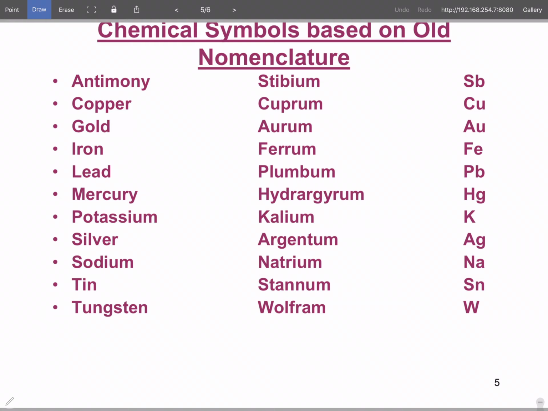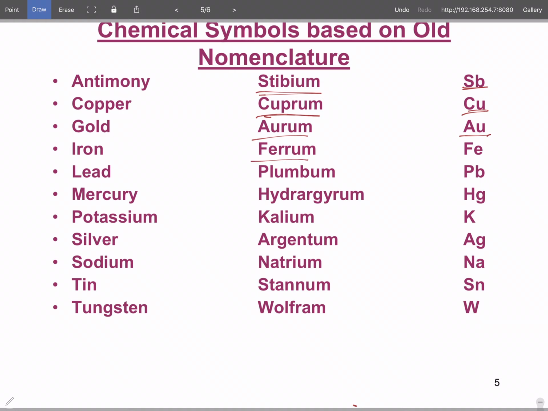And if you're like me, it's easier to remember something if you know why it's weird. So I like to go through these things. Antimony, the original name for it was stibium, which is where we get Sb. Copper, Co, is cobalt, but copper is cuprum, so that's Cu. Gold is aurum, Au.